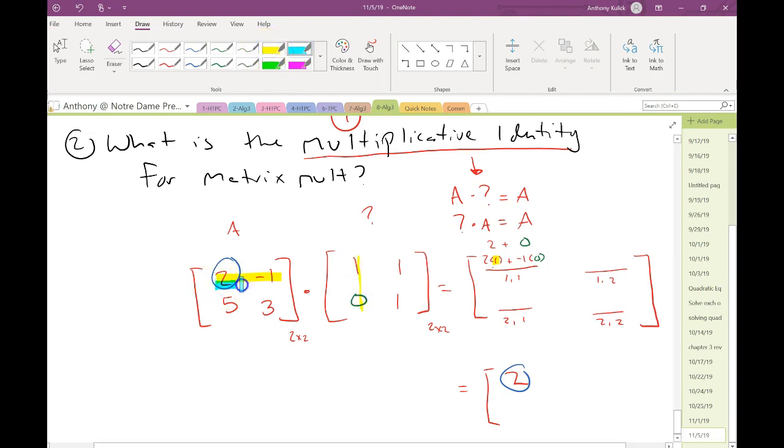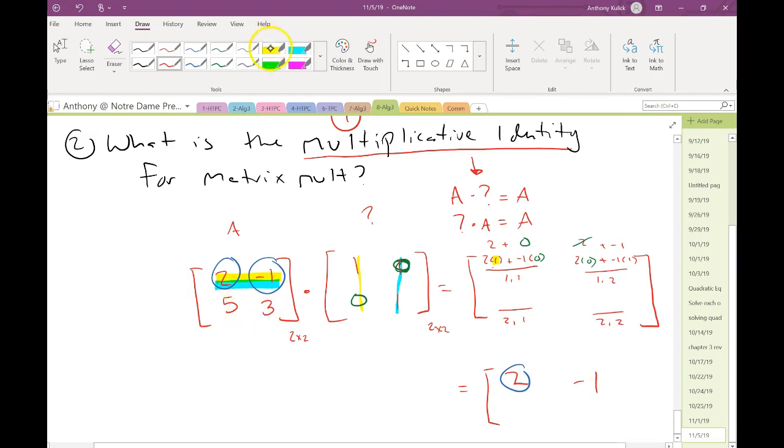Now let's do the second row and the second column. So I have 2 times 1 plus negative 1 times 1. When I do that, I get 2 plus negative 1, which gives me a 1 here, not a negative 1. So which entry should we change? The first entry, what should it be? 0. So if I change this to be 0, that goes away, and I have just negative 1 here.